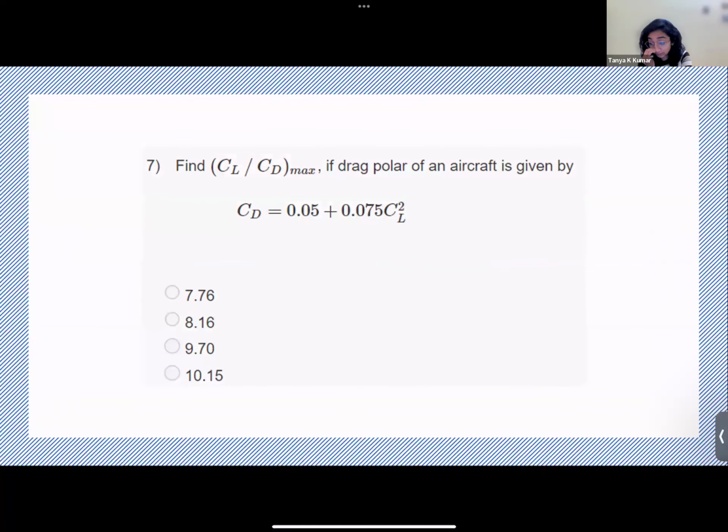Okay, find CL by CD max if drag polar of an aircraft is given by. So what was CL at CL by CD max? We had studied a table, remember? So what was the CL?